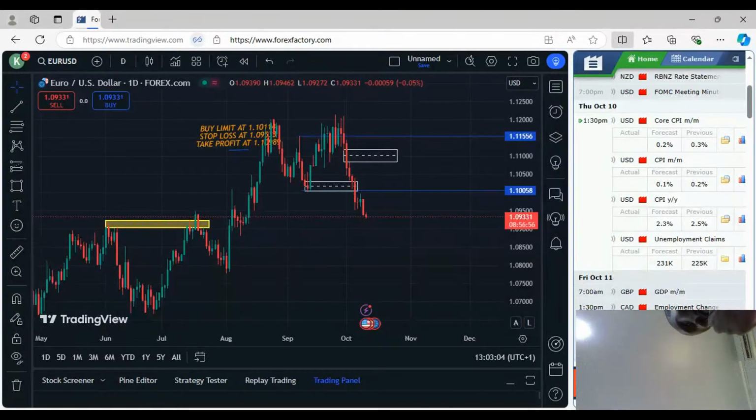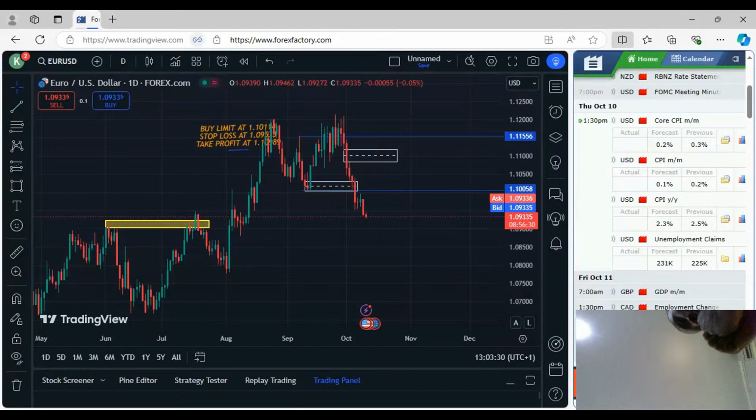The previous data that came out last month was 0.3%. They're forecasting 0.2% on this month's CPI. But I would disagree with that forecast because I'm seeing that CPI might reduce.